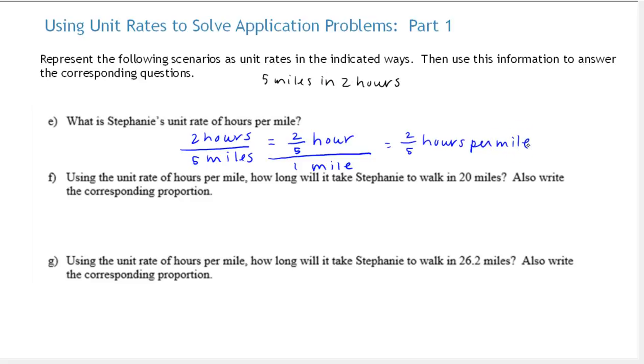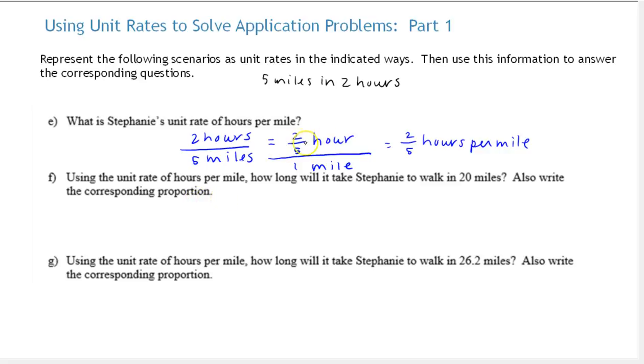But I want you to be comfortable with this notation as well, because we like to use the rates written in this form to help us set up our multiplication to solve problems. Okay. So next we're asked, using the unit rate of hours per mile, how long will it take Stephanie to walk 20 miles, and write the corresponding proportion. Okay.